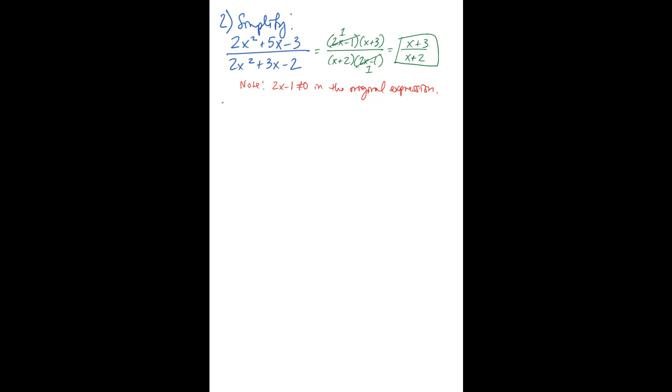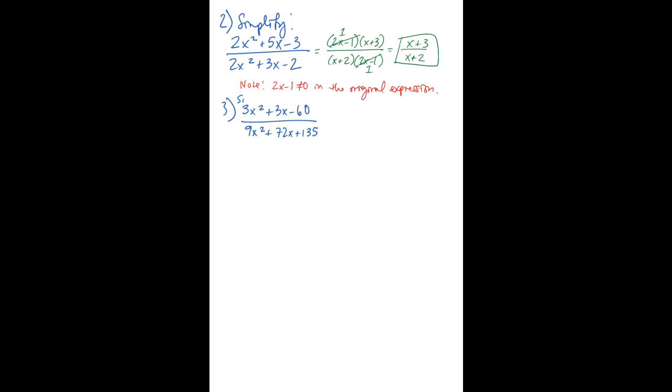Let's try another. What if we have 3x squared plus 3x minus 60 divided by 9x squared plus 72x plus 135?